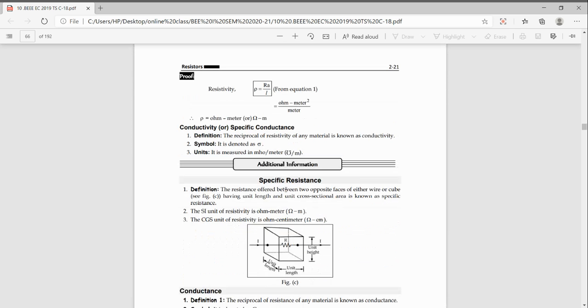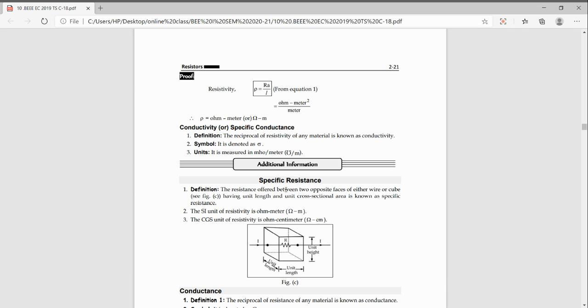Likewise, there is a conductivity, that is a specific conductance. The reciprocal of resistivity of any material is known as conductivity, and the symbolic representation is psi, and the measured unit is mho per meter.